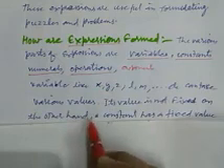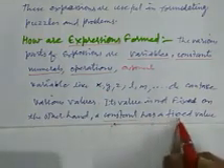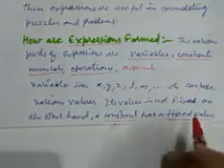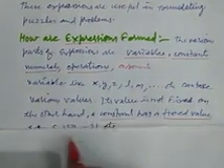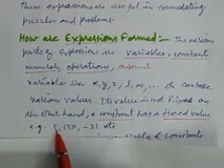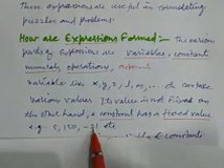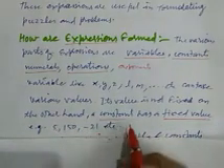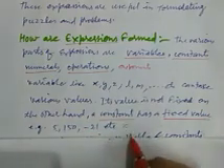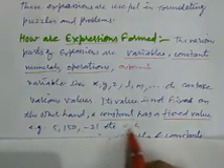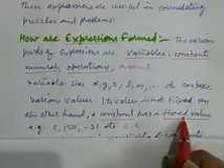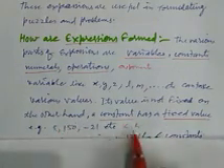On the other hand, a constant has a fixed value. A constant always has a fixed value, for example 5, 150, minus 21. If we use some constant like k or r, this type of constant also has a fixed value. That's why we call them constants.